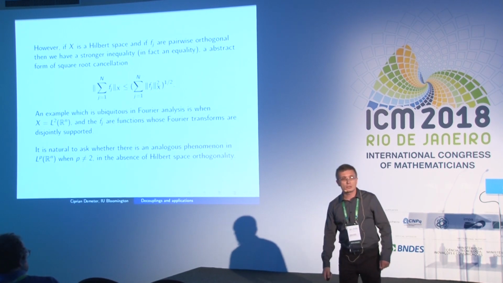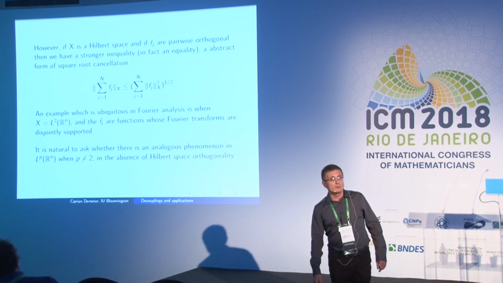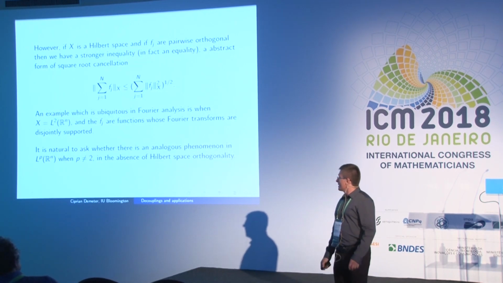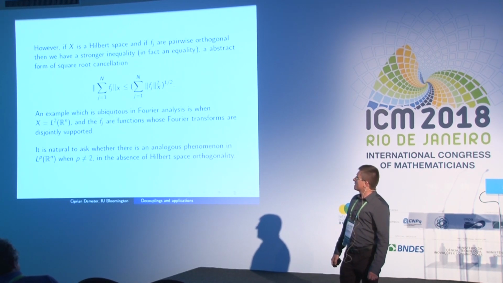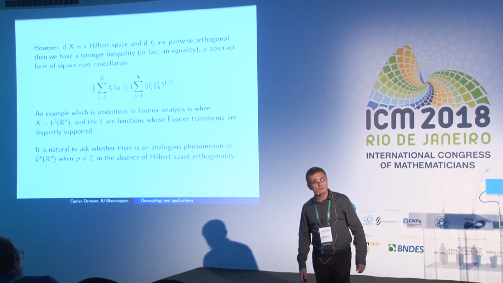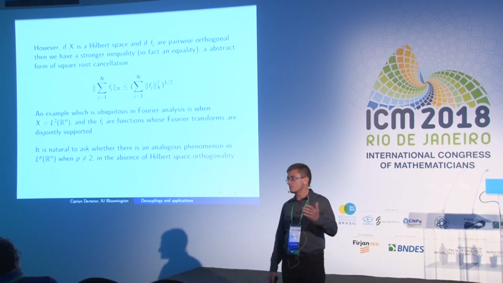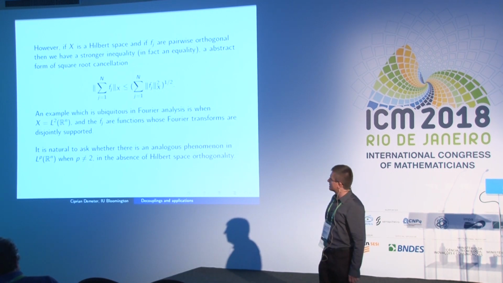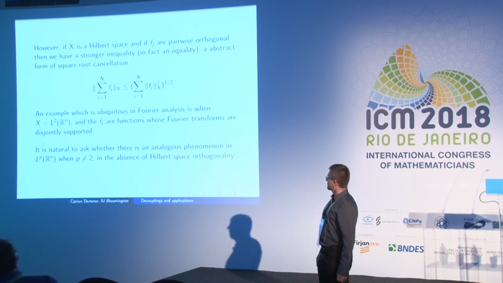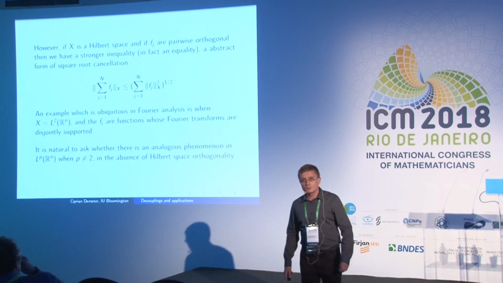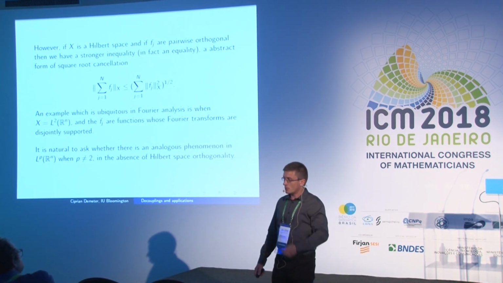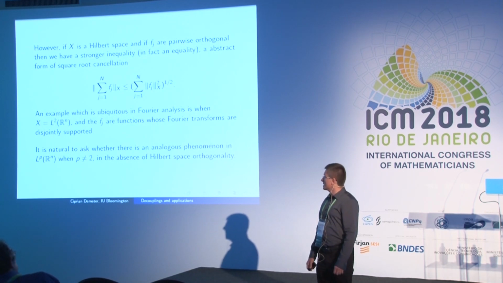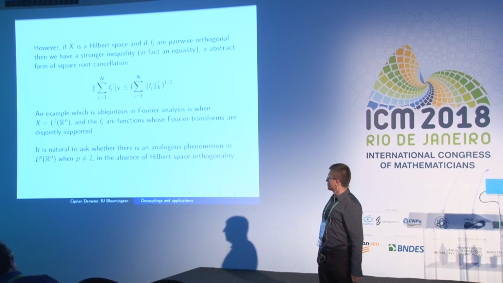How do you encounter this situation in Fourier analysis where I work? Well, imagine you work on L2, which is a beautiful Hilbert space. It's L2 over R^n. And how do you make all the functions pairwise orthogonal? Well, for example, you can assume that they are spectrally pairwise disjoint. And because of the Plancherel formula, their inner product is always 0. Good. L2 is well understood, but lots of the questions about exponential sums, if not all of them, are interesting in L^p spaces where p is greater than 2.